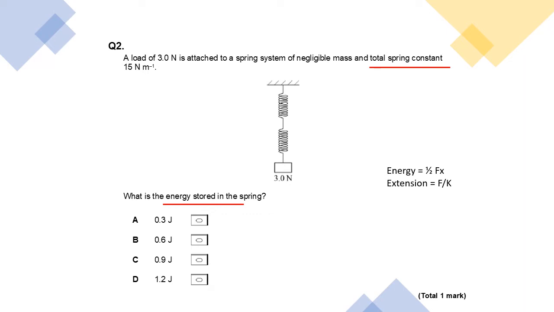Here the spring constant is 15 Newton per meter for the total system, so it's for the combination. So the extension will be force divided by the spring constant, and you get the answer there. Once you have that, you know half is a constant, you know the force, you know the extension. Now you can plug it into the equation and you get the answer as 0.3 joules.